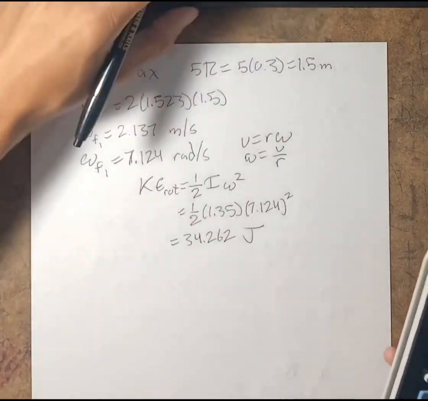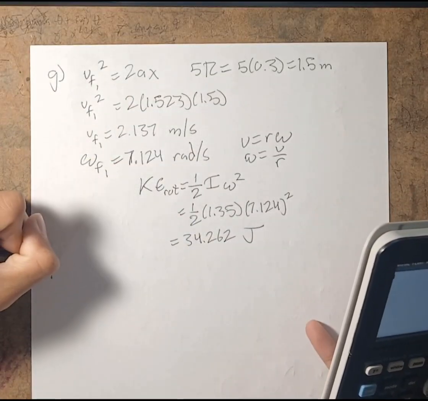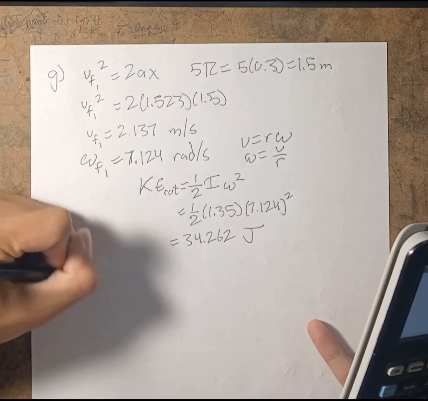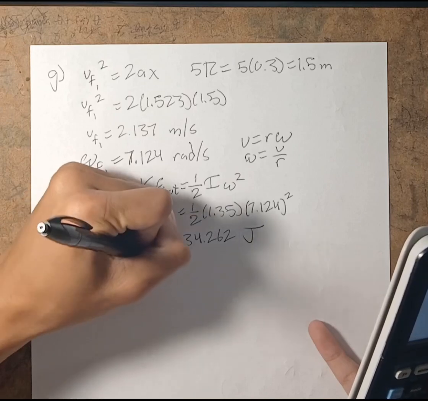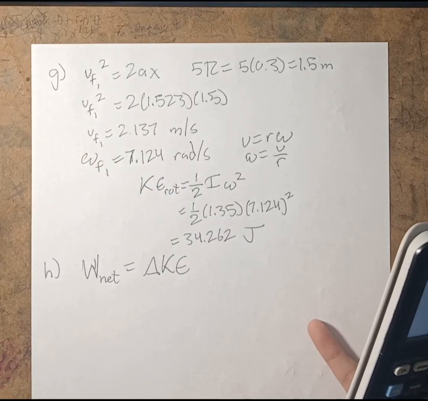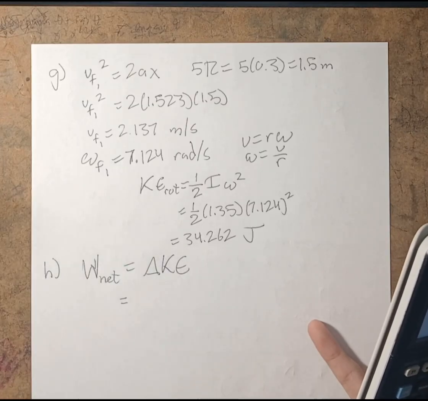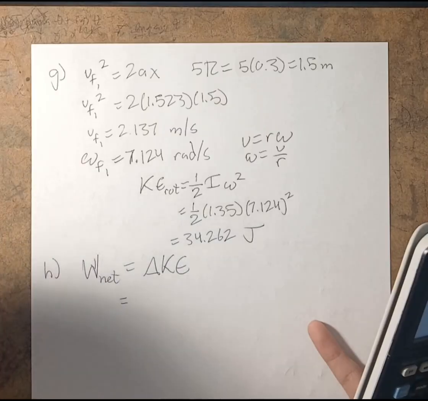And then net work done on the system after 5 seconds. So we can use the work energy theorem, which says net work equals change in kinetic energy. And since the whole system starts from rest, we don't have to worry about any initial kinetic energy, and so we can just use the kinetic energy at 5 seconds for each object.